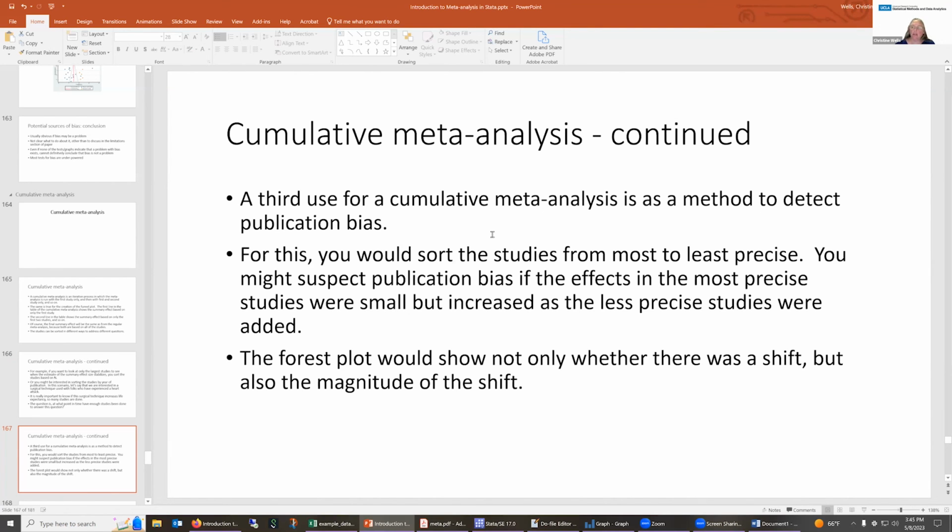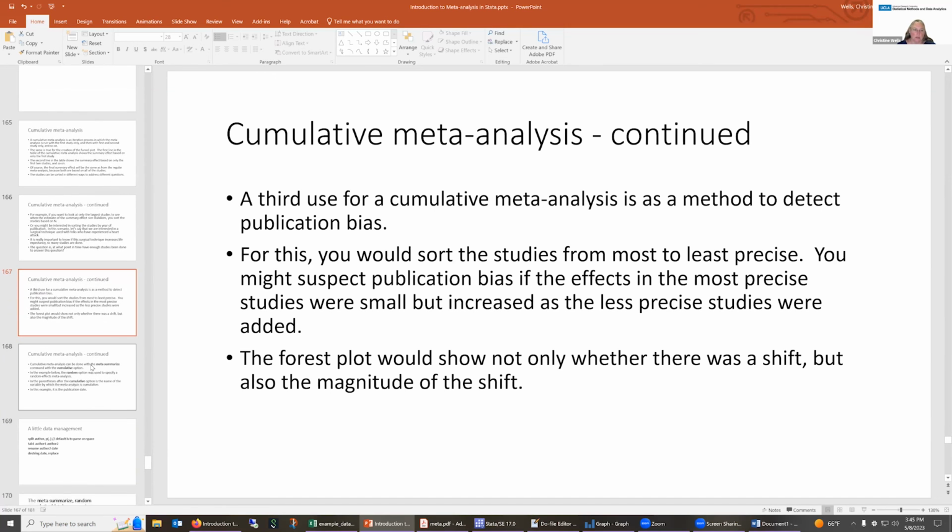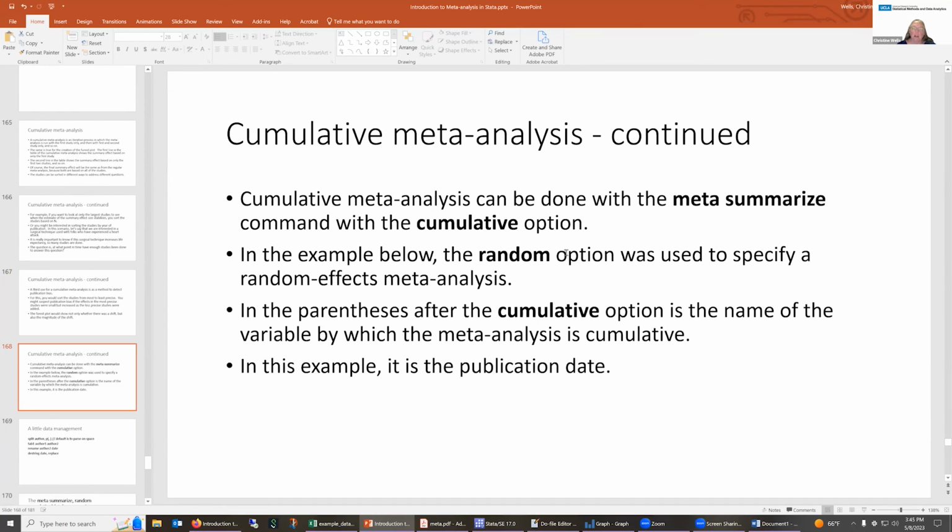You can use it as a method to detect publication bias, but only if you've got lots of studies. And for this, you would sort the studies from most to least precise. And you can look at the forest plot to see if there's a shift and the magnitude of the shift, not just if there's a shift, but a magnitude too.